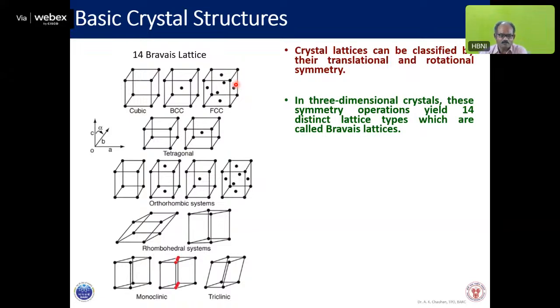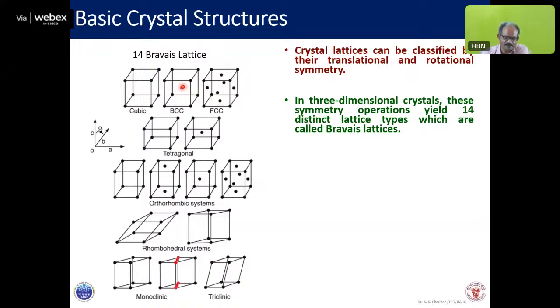There is a typical example of the cesium chloride structure. It contains cesium at all the corners and then chlorine at the center. So actually it is not a BCC structure. It is a simple cubic structure because, as I said, if it were BCC, every point should have cesium here, and here also it should be cesium.